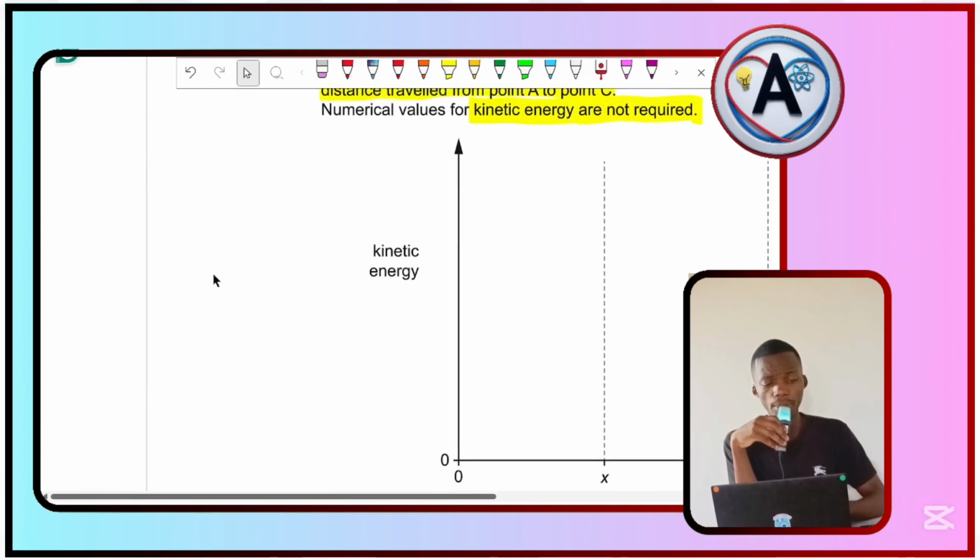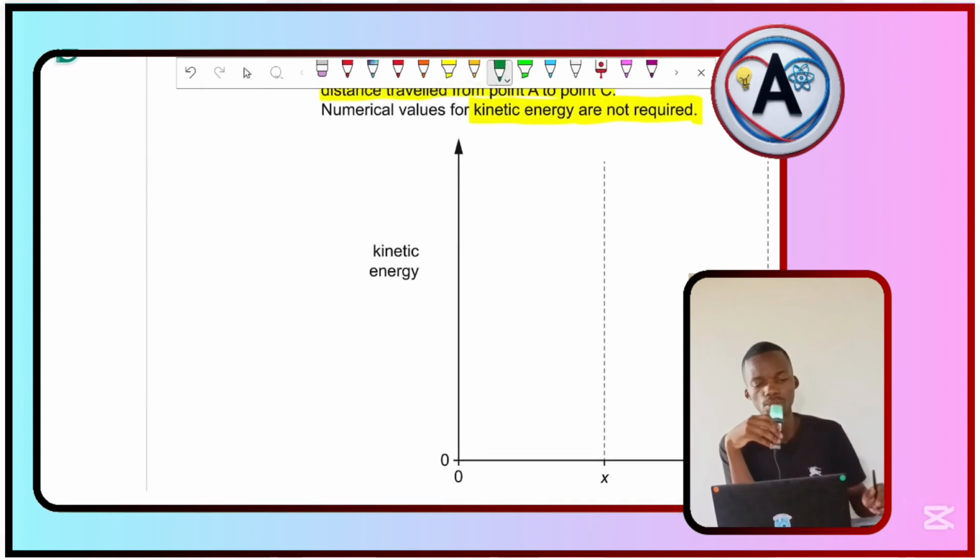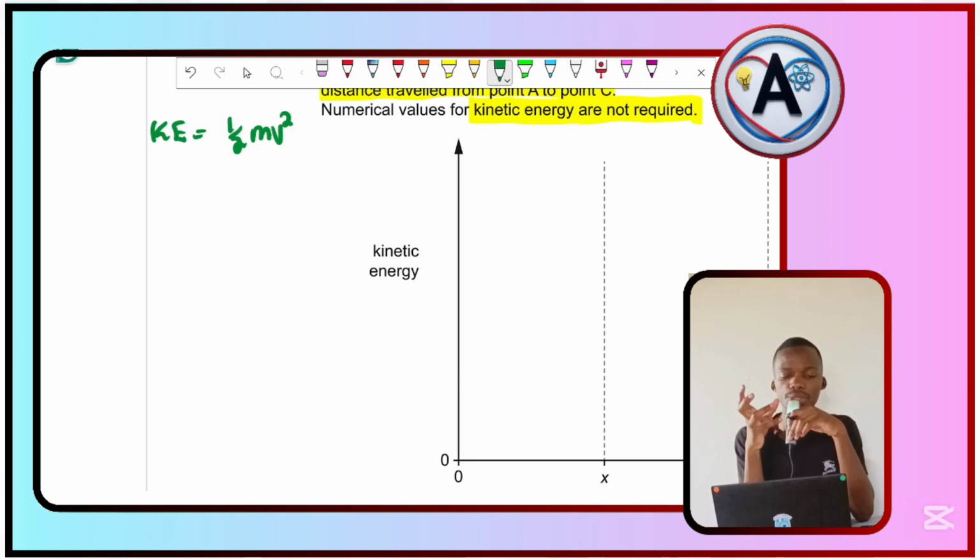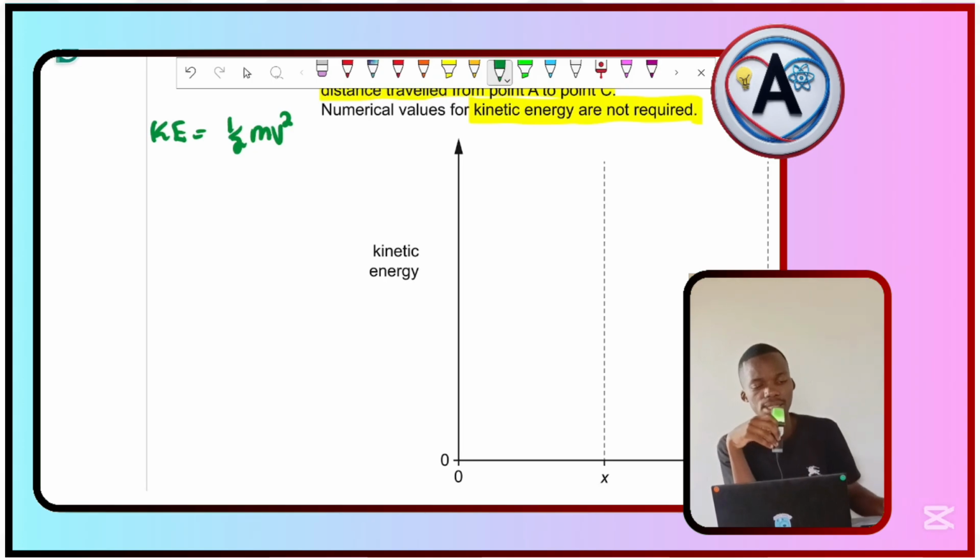I'm going to use a very typical equation that you know. Kinetic energy is 1/2 mv squared. And I ask myself, can I substitute the value of v and input displacement? It's not rocket science. The question you're asking yourself is, how can I put distance in that equation for things to make sense?